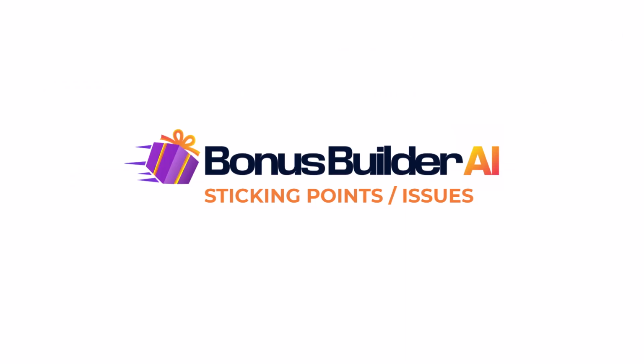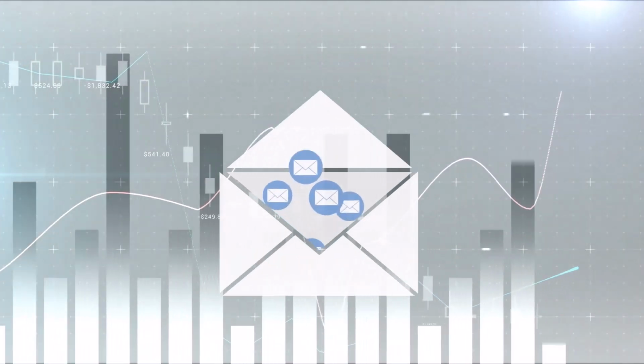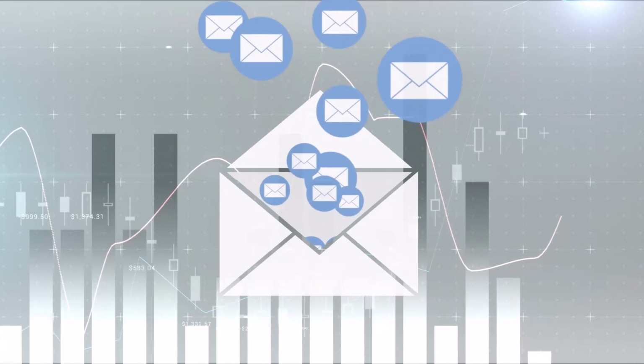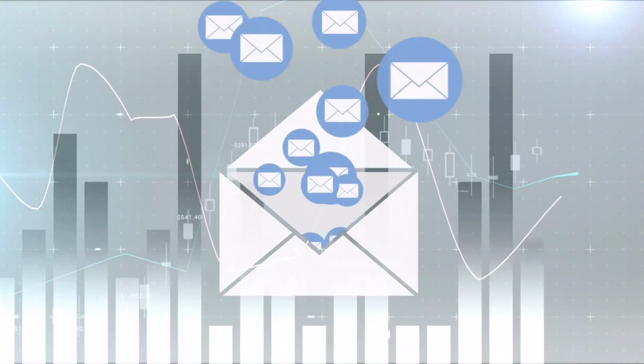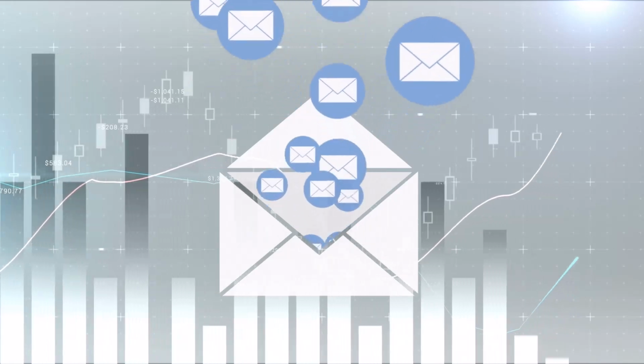Now let's cover the points which I'm pretty sure that some of you are going to find sticking points. The first point is traffic. Obviously, Kevin can make over $600 commission from our product using the bonus page that he built with the software, because he already has a list.